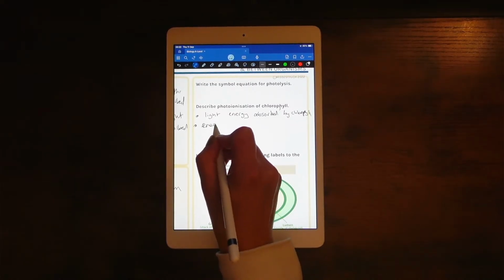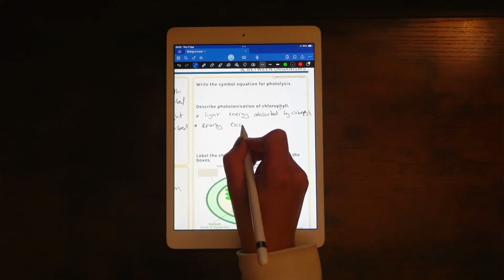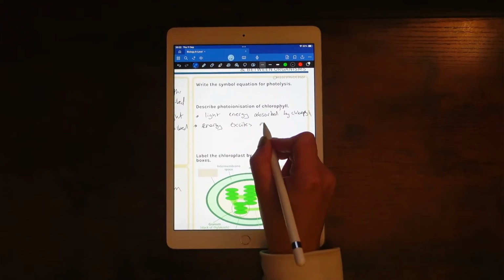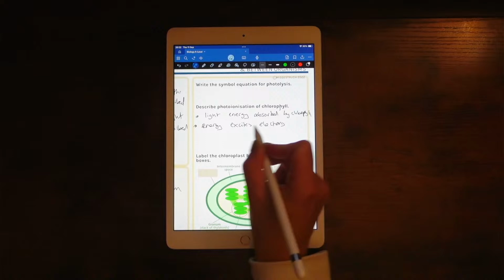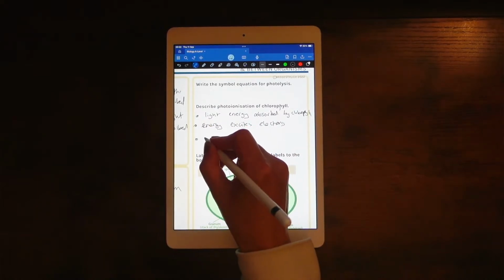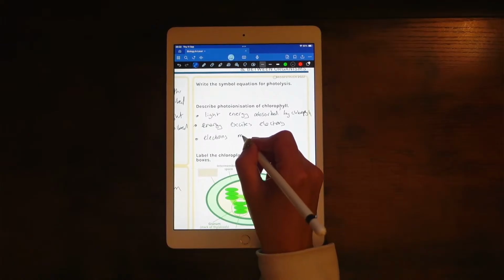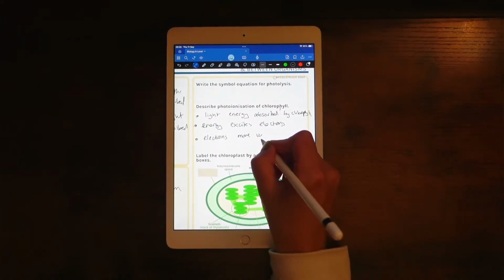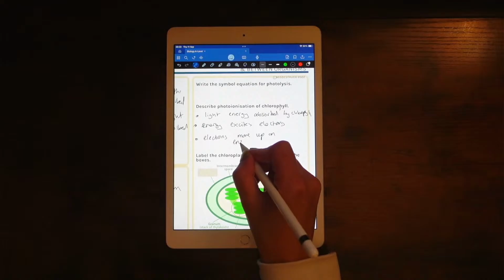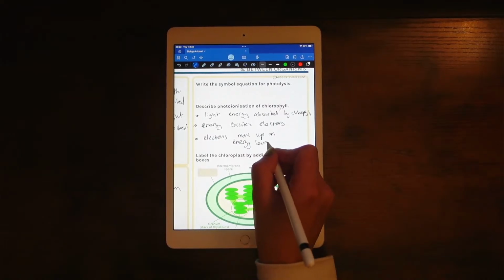I'm going to say energy excites electrons, and then electrons move up or raise, then energy level.